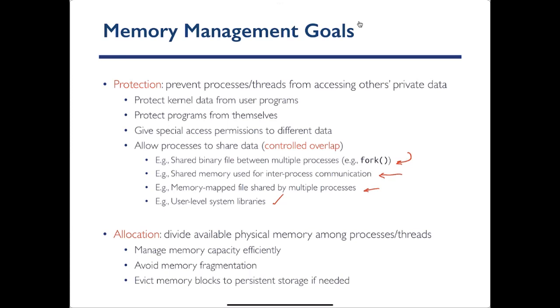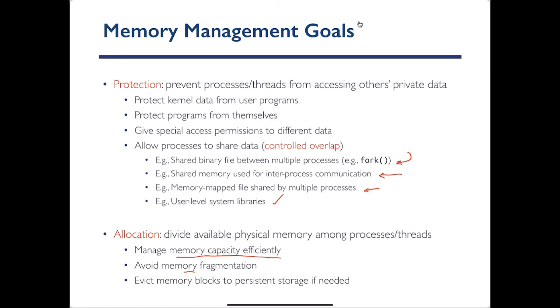The sub goals of memory allocation is basically you want this to happen efficiently. You don't want to spend so much time deciding what the next decision should be when it comes to allocating memory.